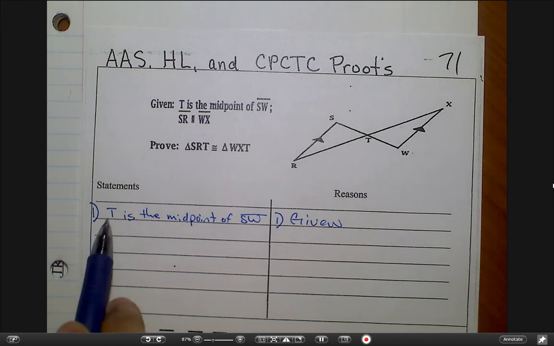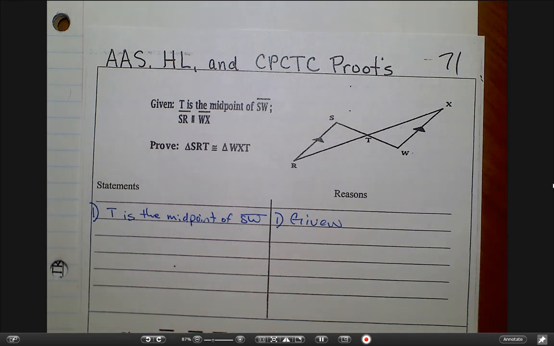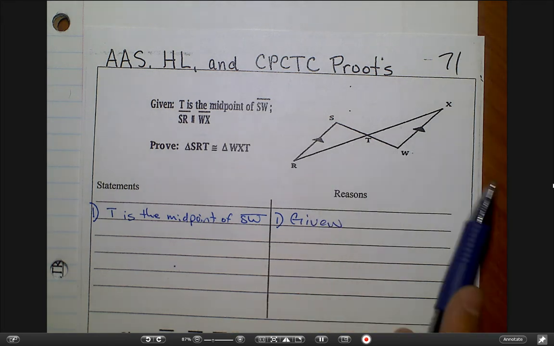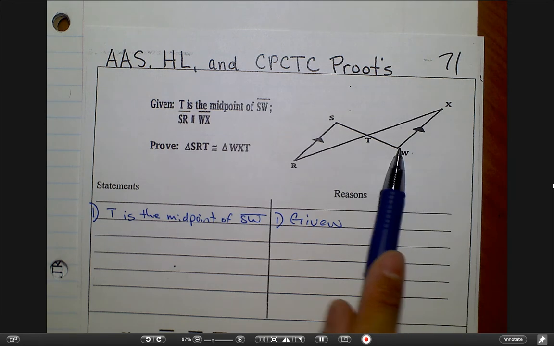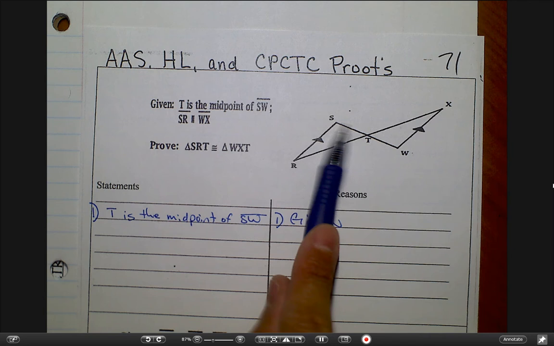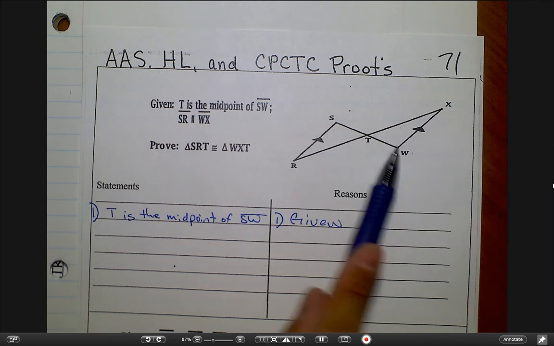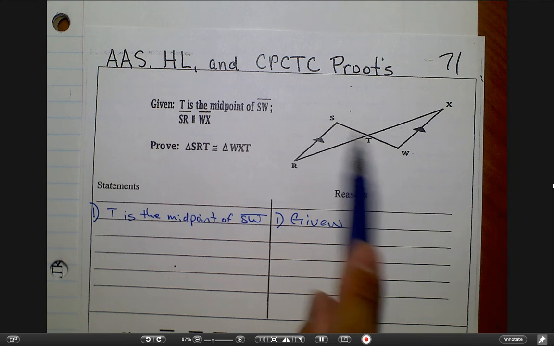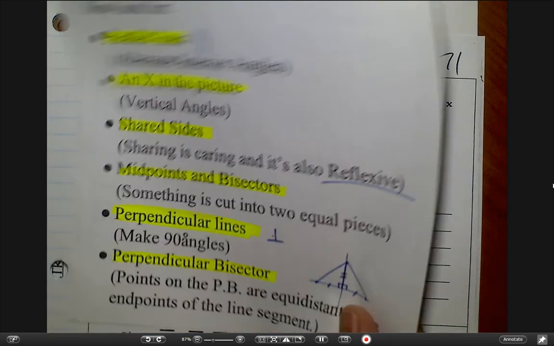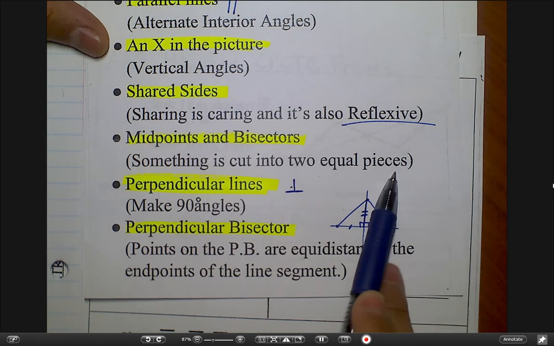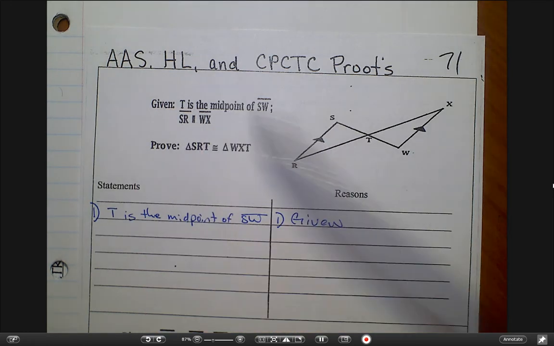Okay, so if T is the midpoint of SW, what else do I know? ST is congruent to WT, right? If T is the midpoint of this whole thing, I know that the two pieces are going to be congruent. Let's take a look. Midpoint. Bisectors, something cut into two equal pieces. Right there, from our checklist.